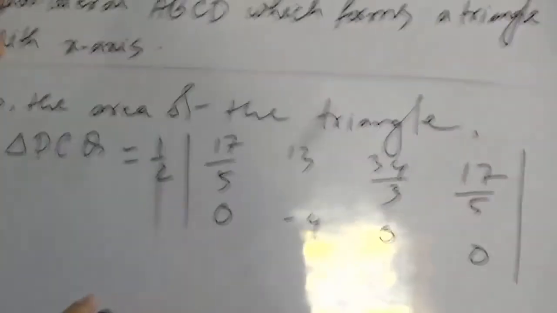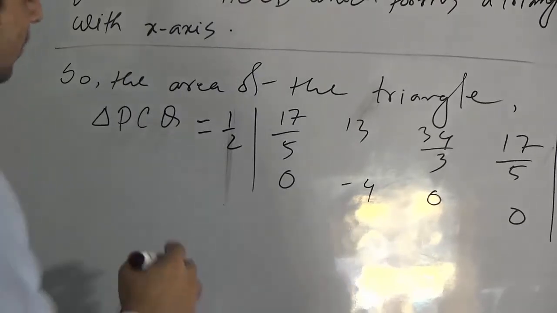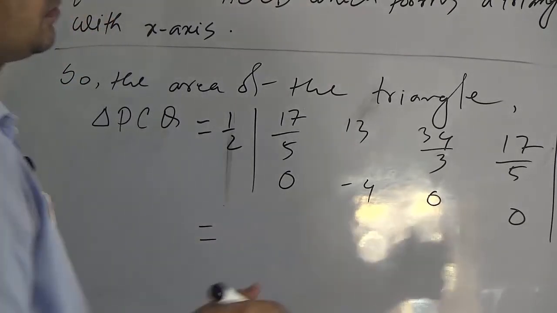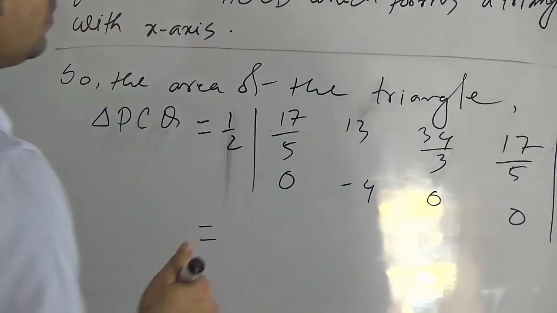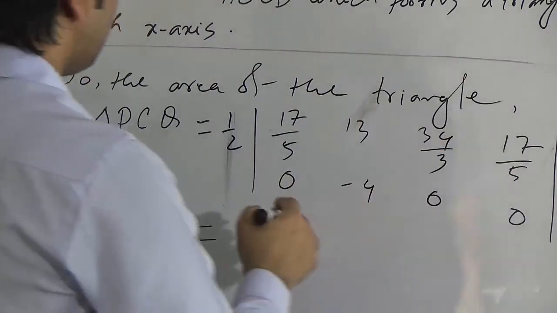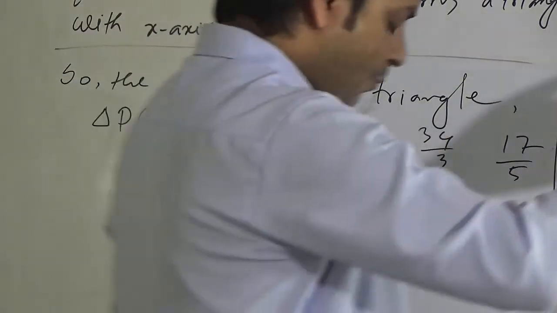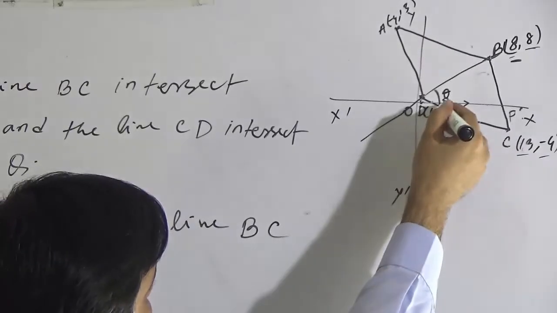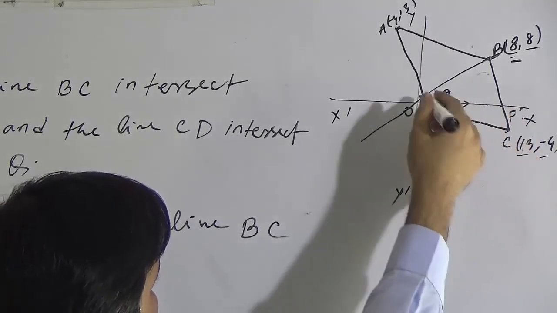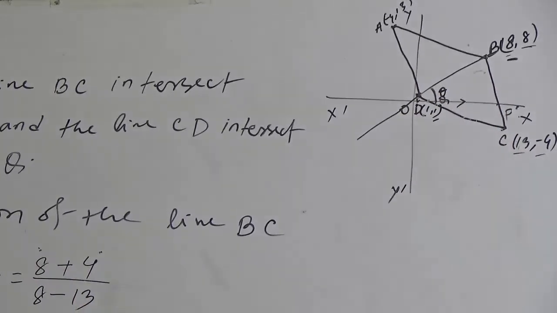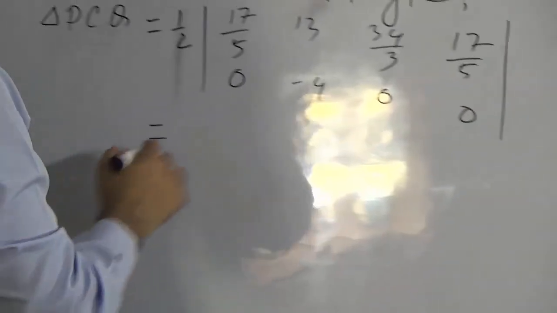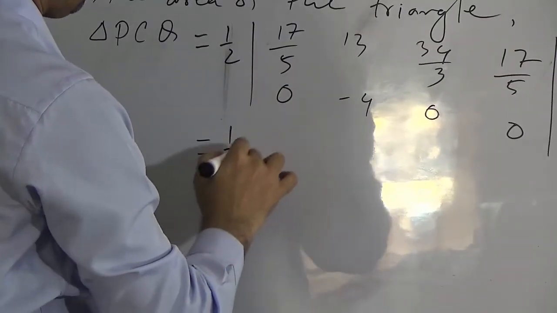So we can determine the area. Now I have put the points Q, C, P anti-clockwise. So we'll get the area if we do the calculation, half.